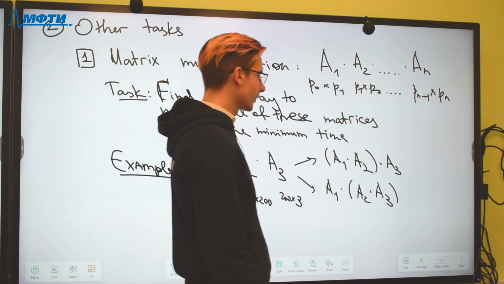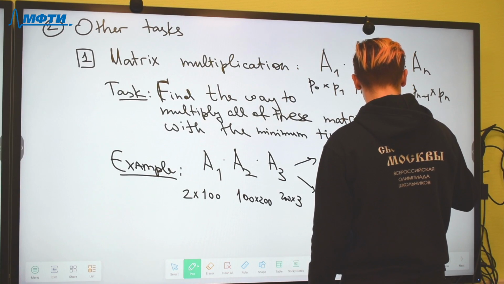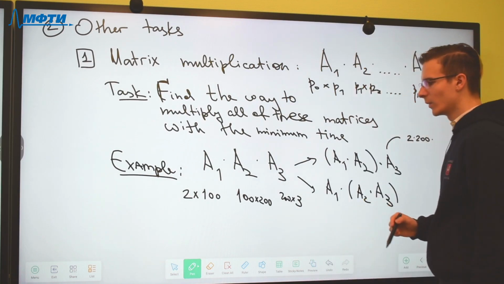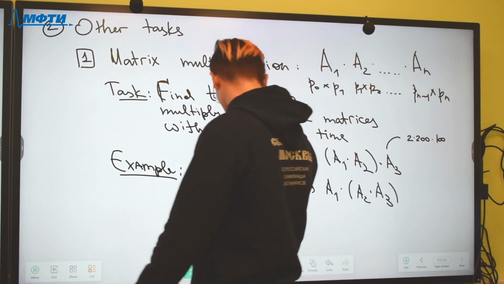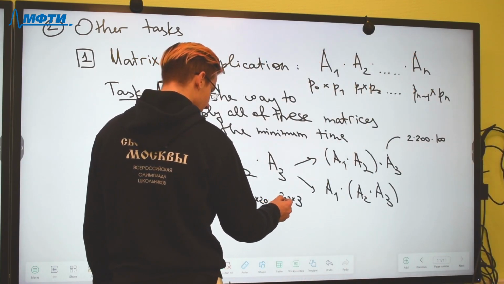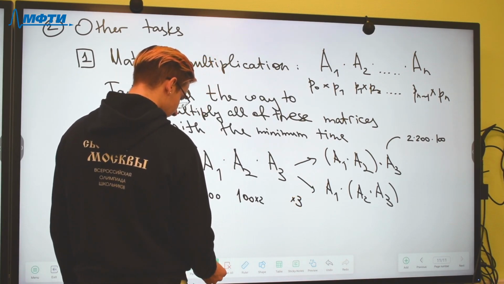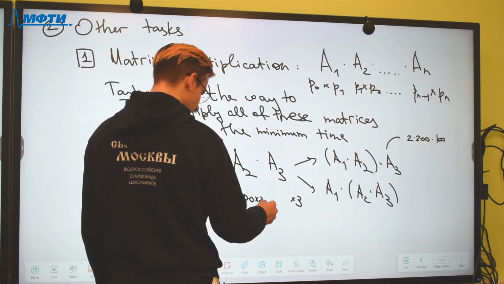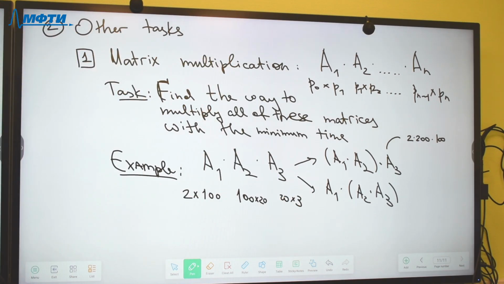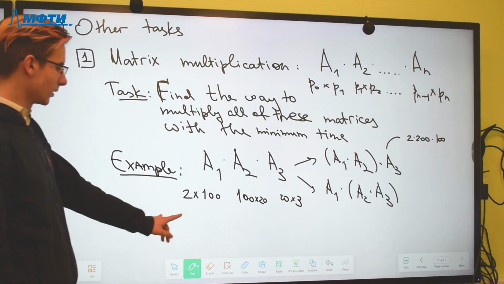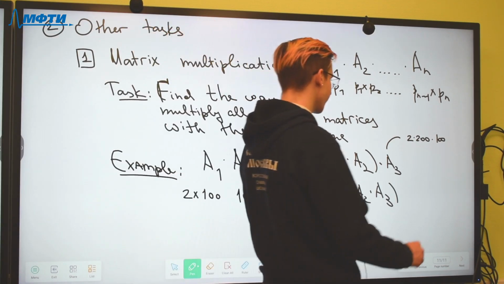So here we spend 200 multiplied by 100, and then we multiply by matrix 2, 20, 3.